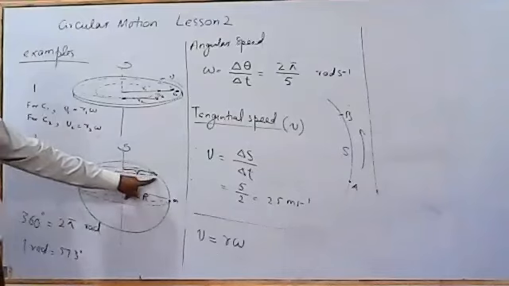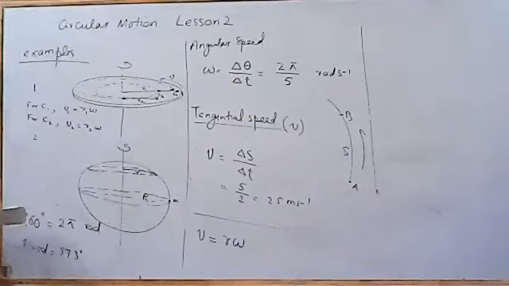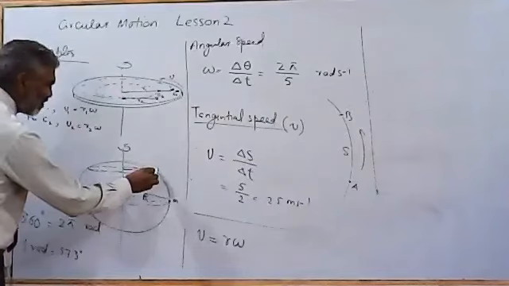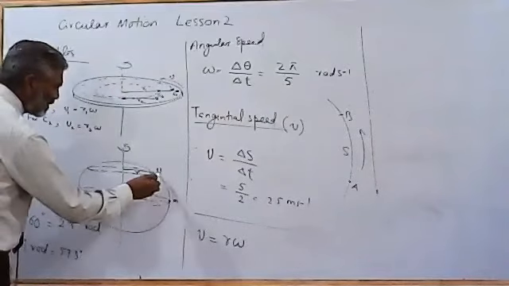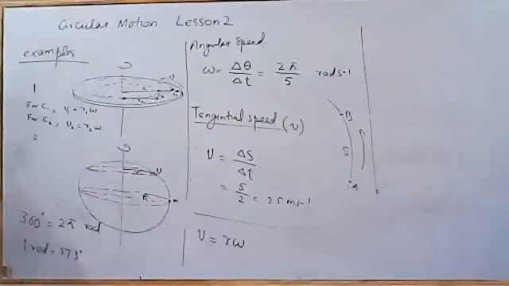So this must be moving slightly slower in terms of its linear speed. So v will be smaller in this case, and this v will be larger because this has larger radius.